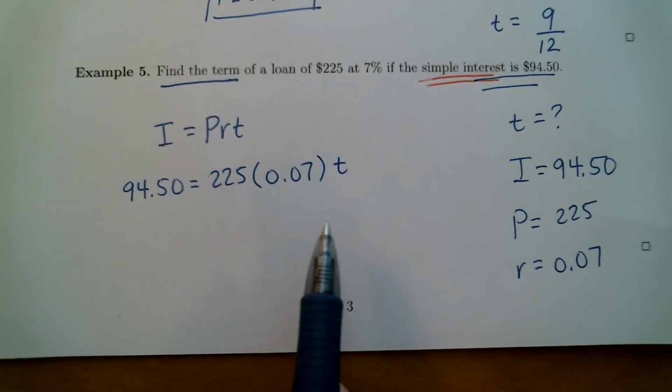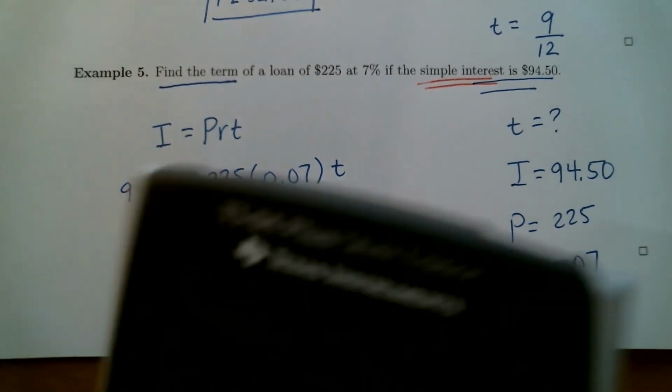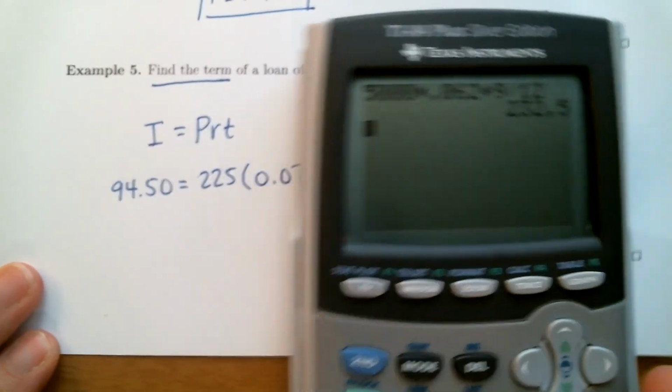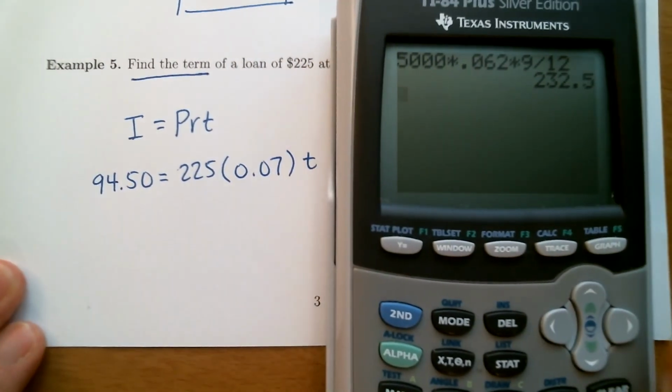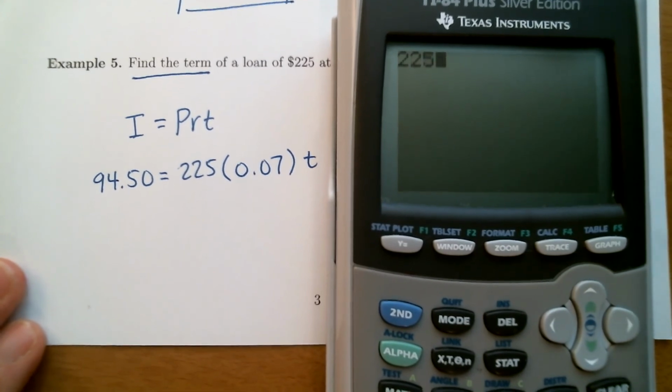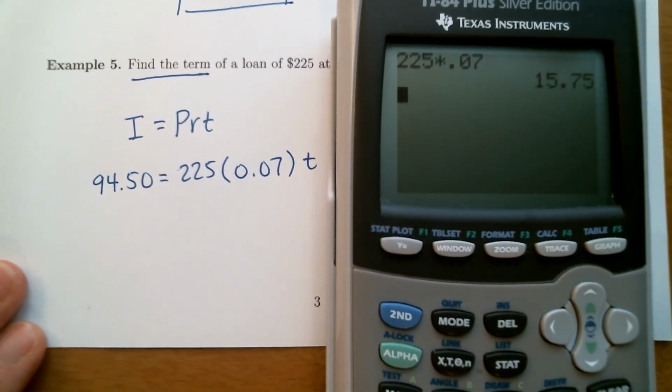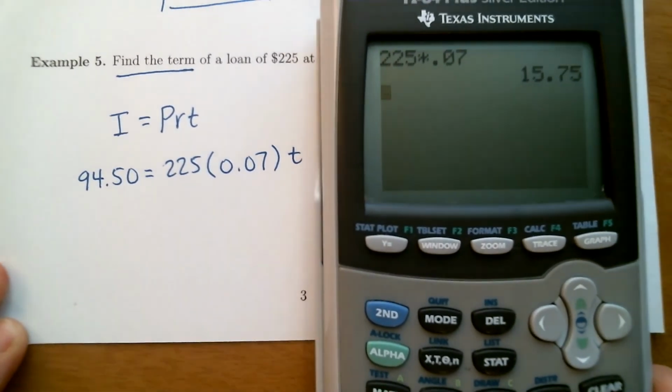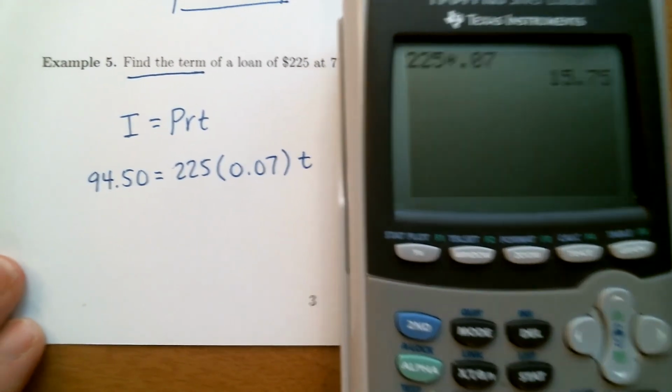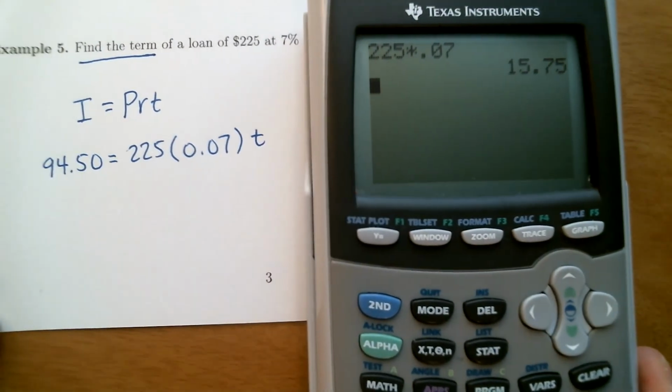All right, so let's go ahead and solve for t. That means you have to isolate t on one side. We can multiply the 225 times 0.07 and see what happens. We get a nice number, so we can go ahead and do that. Remember, if you had gotten something longer that did not terminate or didn't repeat, you are going to have to carry all the digits.